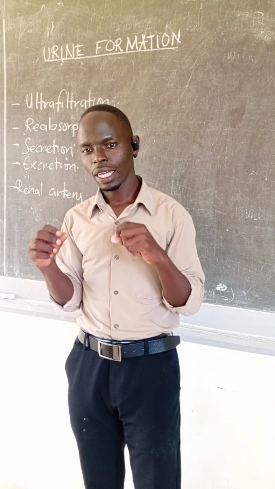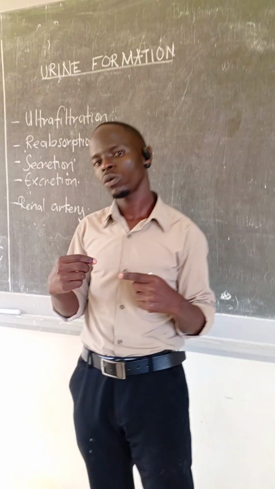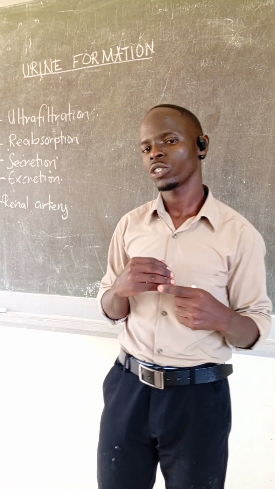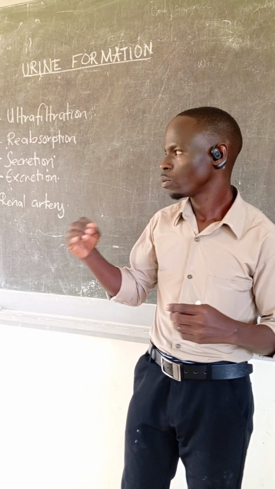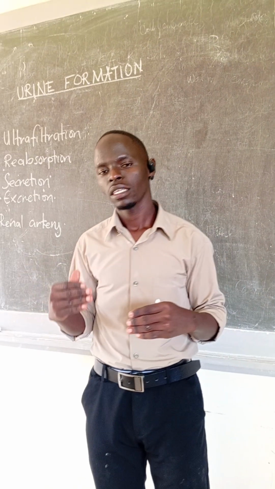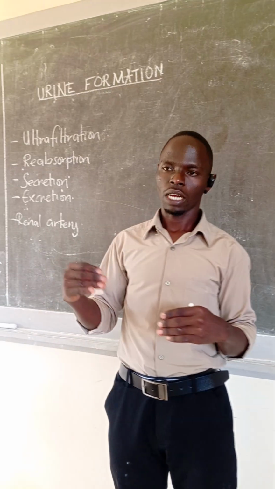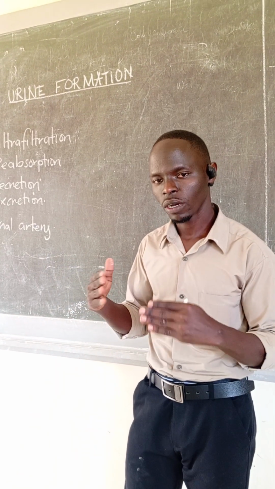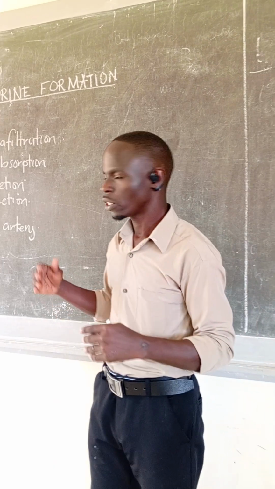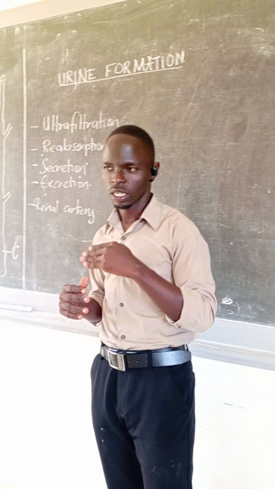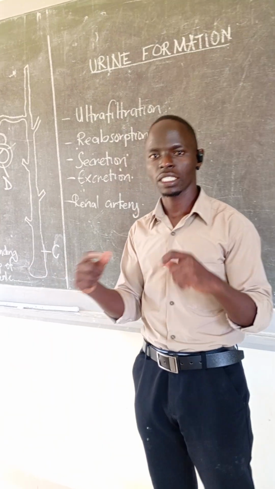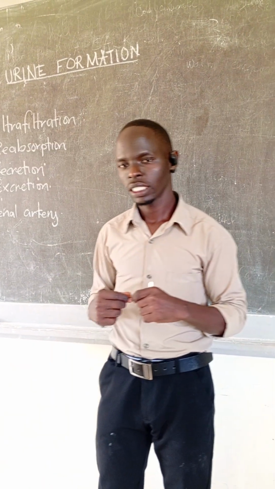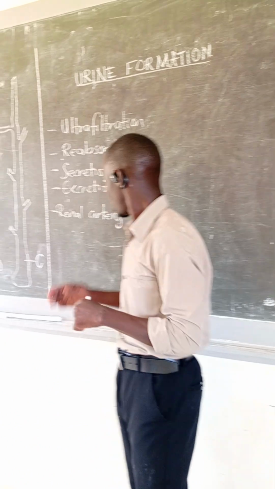Now, the heart pumps blood through a big vessel called the aorta. This aorta is divided into other vessels, which take blood to different organs. Particularly, we are talking about the kidney because this is where the urine is formed. The blood vessel that takes blood to the kidney is called the renal artery.